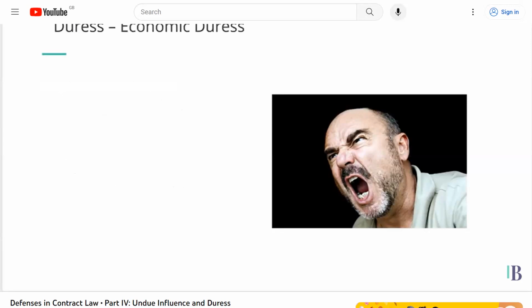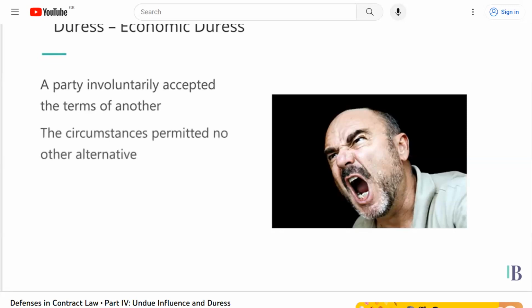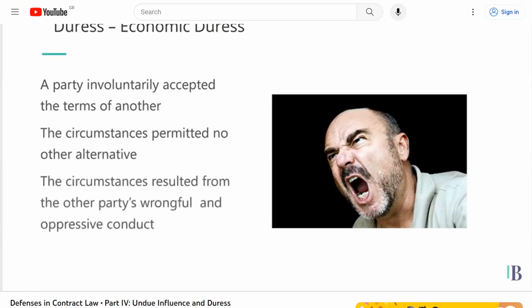In terms of the latter, in case of economic duress, courts are willing to set aside contracts on that basis when the following elements are present: the party alleging economic duress involuntarily accepted the terms of another; the circumstances permitted no other alternative; and the circumstances resulted from the other party's wrongful and oppressive conduct.